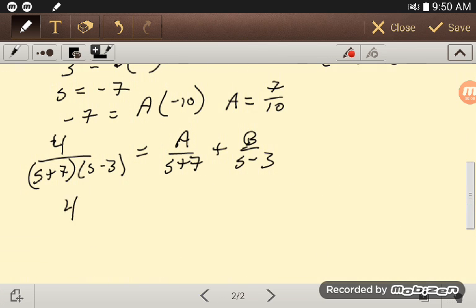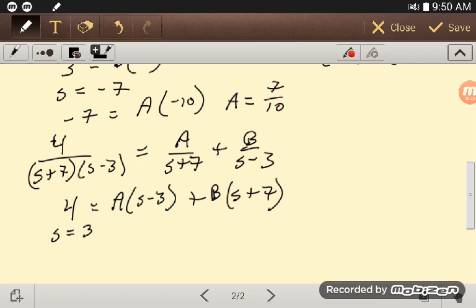I have 4 is equal to a times s minus 3 plus b times s plus 7. Again, if I let s equal 3, in this case I get 4 because that doesn't change, b times 10.